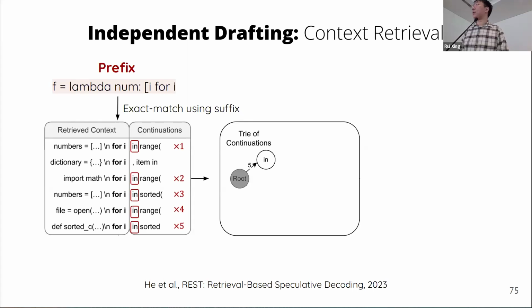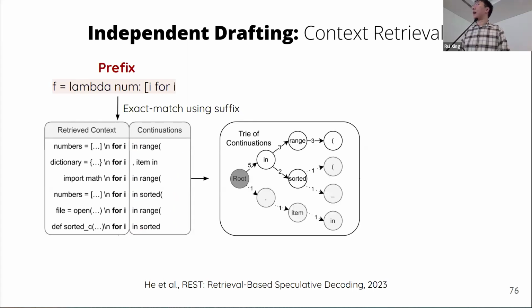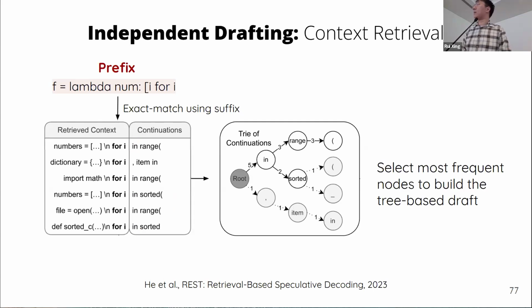Following the procedure, we get the trie of the continuations. After building the whole trie, we can finally select the most frequent nodes to build the tree-based draft. It means that we ignore the nodes that appear very infrequently and may not be accepted by the verifier. We just keep this subtree as the draft tree.